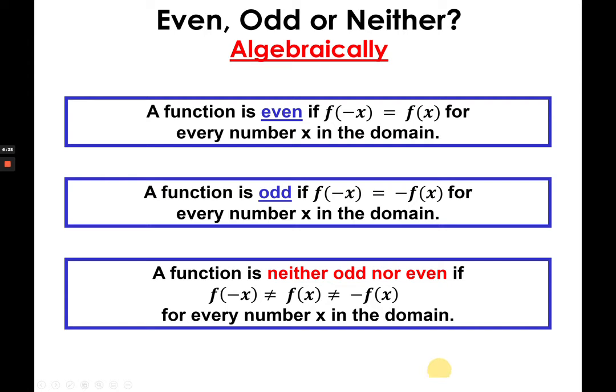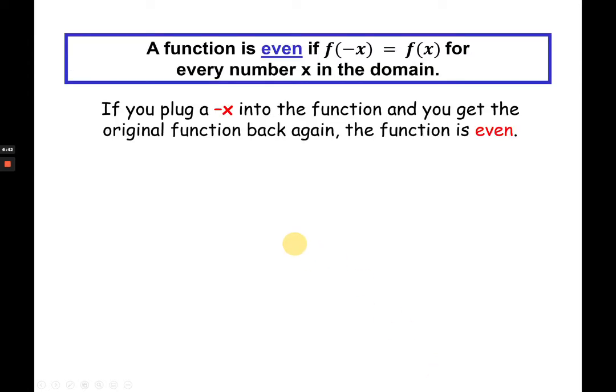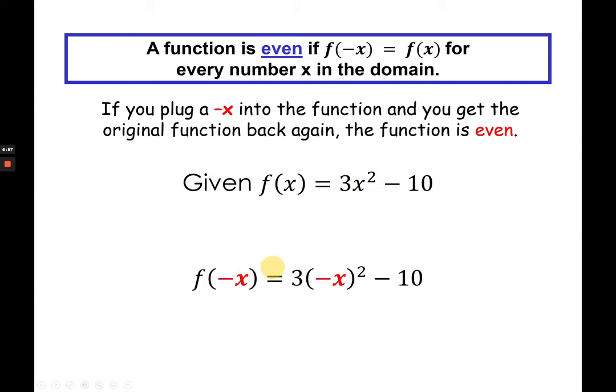Let's have your algebraic method. If you plug a negative x into the function and you get the original function back, the function is even. Here's your example. Given the function f of x is equal to 3x squared minus 10, if we substitute negative x, negative x squared is actually positive x squared because negative times negative is positive.